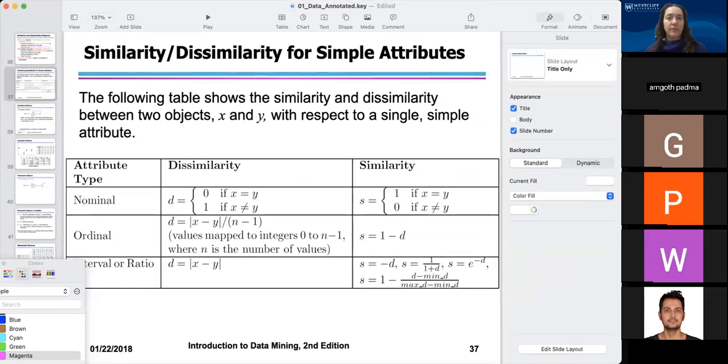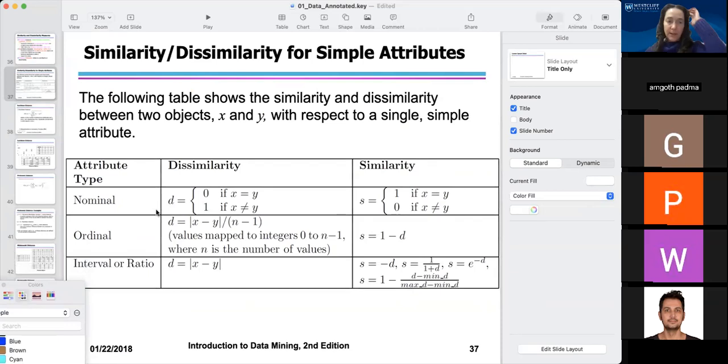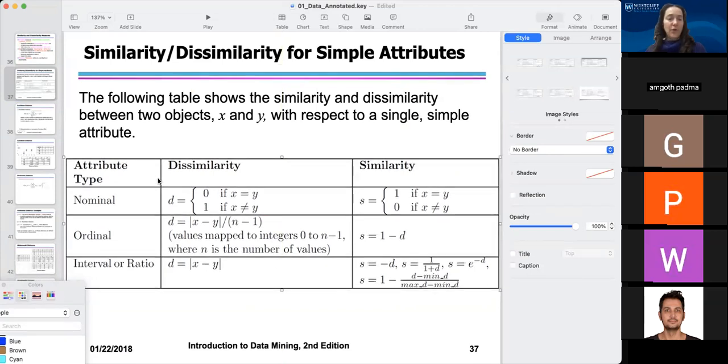So we mentioned that the types of values that we can have in the database can be nominal, ordinal, or we can have interval or ratio. So similarity and dissimilarity can be computed for these objects.